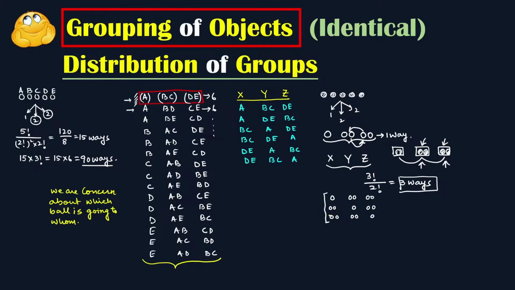But in case of identical balls, we are not concerned about which ball is going to whom. Here we are concerned about how many balls are going to whom.